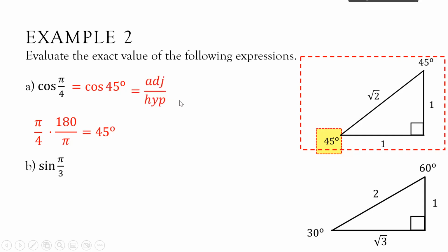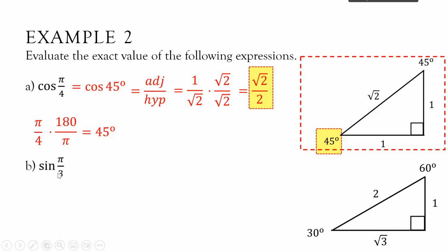So adjacent over hypotenuse, we get 1 over the square root of 2. And we have that same problem as before. I don't want a square root on the bottom. So I'm going to multiply by the square root of 2 over the square root of 2. By doing so, I get 1 square root of 2 on top, or just square root of 2. And on the bottom, square root of 2 times square root of 2, I get 2, giving me cosine of pi over 4.